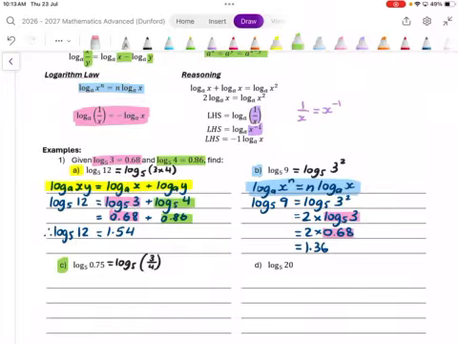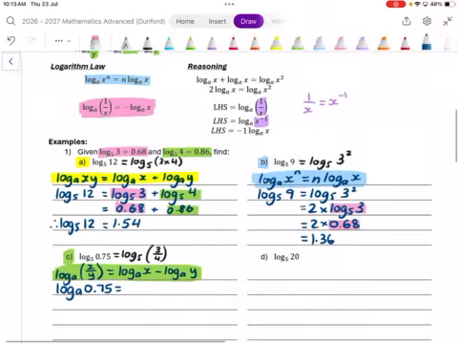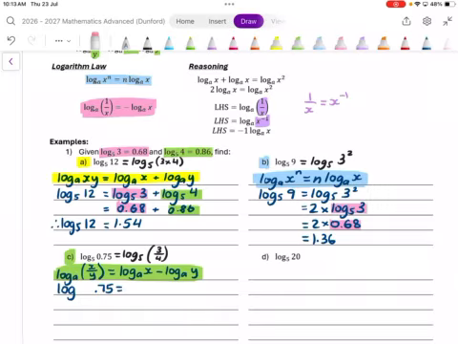So we will have log base a of x on y is equal to log base a of x minus log base a of y. Okay, so in our question, we have log base a of 0.75 is equal to our log base 5 of 3 quarters.